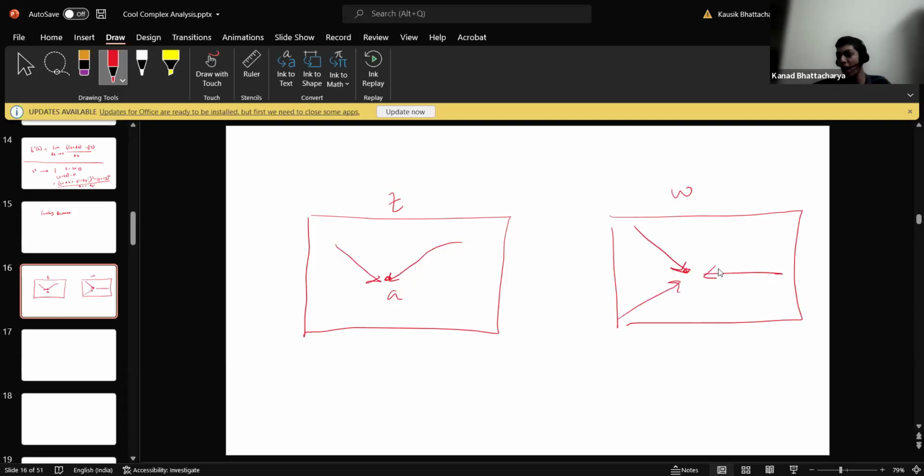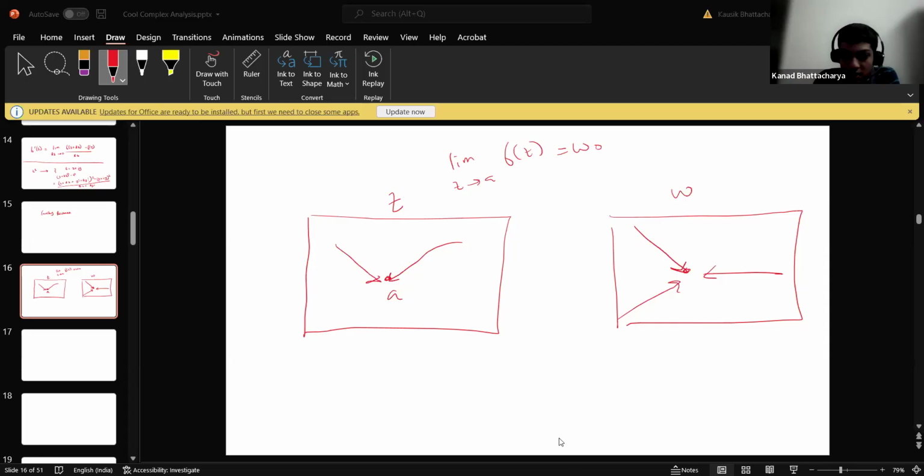But at the end of the day, no matter how we move z to a, f will always move towards w0. Because the plane is 2D, you can move z around in a spiral, or from the left to the right. Irrespective of how you do it, f of z will always go to w0. That is what it means when you say the limit as z tends to a of f of z is equal to w0. Does it make sense now?